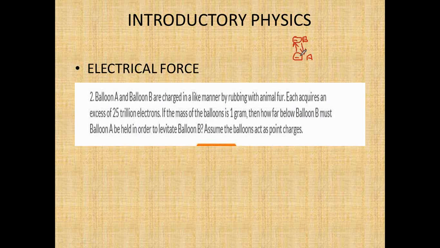You hold balloon A down below, balloon B is up top, and balloon A pushes up on balloon B. But balloon B has a weight, so it has a force due to gravity pulling it downward. At a certain distance below B, the forces will be balanced. That is, the electrical force pushing upwards and the force pulling the balloon downward will be equal. So balloon B will levitate.